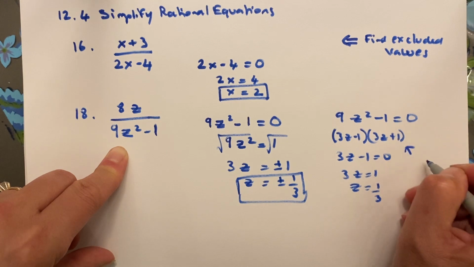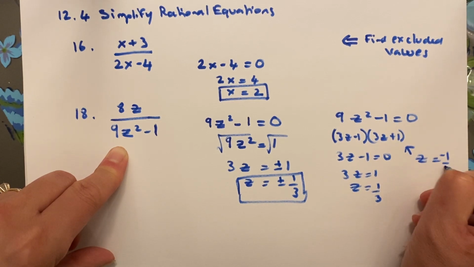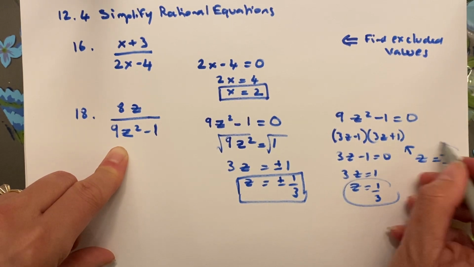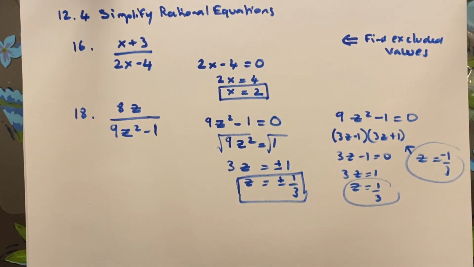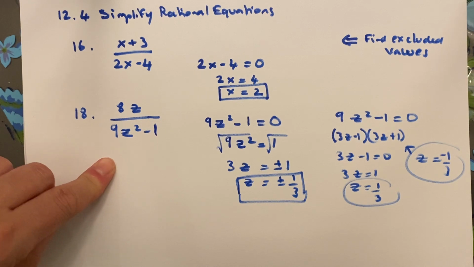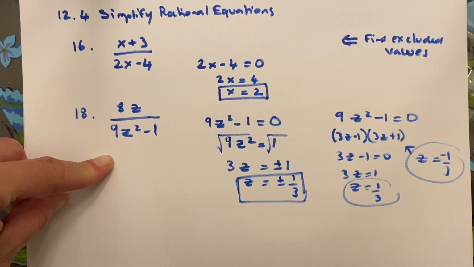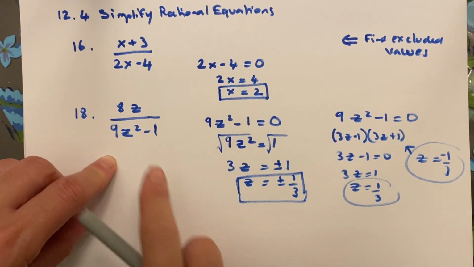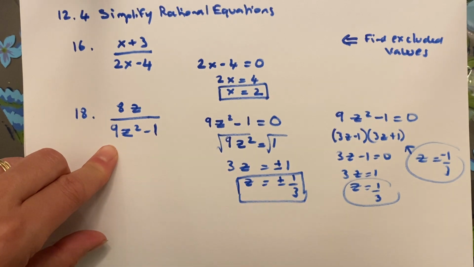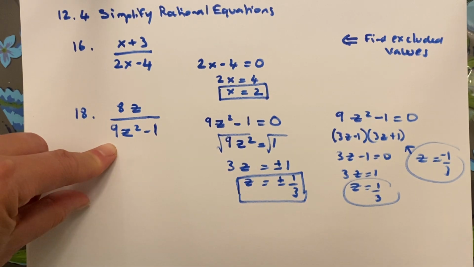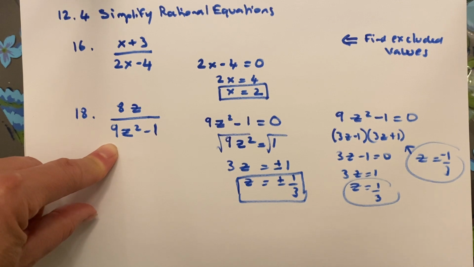And you do the same thing over here and get z equals negative 1/3. And again, you're going to find that same answer, plus or minus 1/3. So these are all the excluded values for the denominator. You just find the zeros of the function, and those are going to end up being your excluded values.